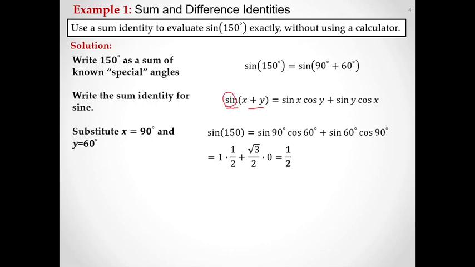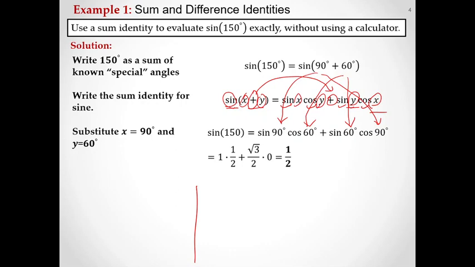If it is sine, it will be sine cosine, sine cosine. This is x, y, and this is x, y, and yx. So be careful here. And the other thing is plus. Now x will be 90 degrees and y will be 60.